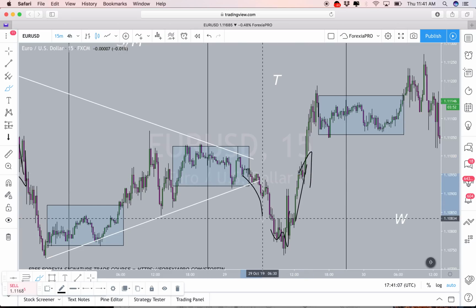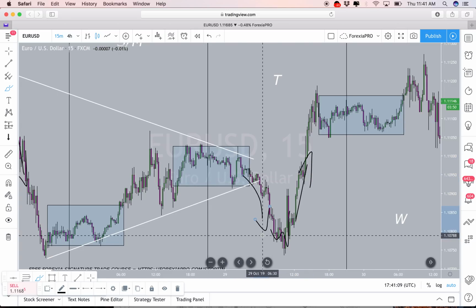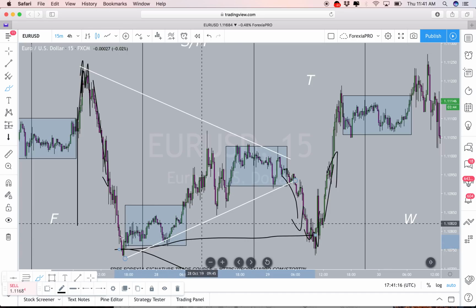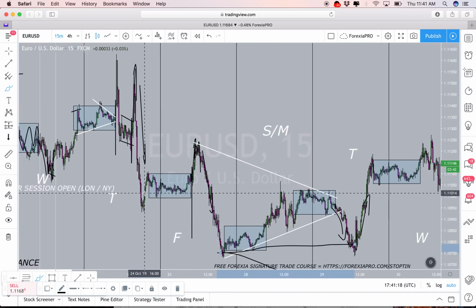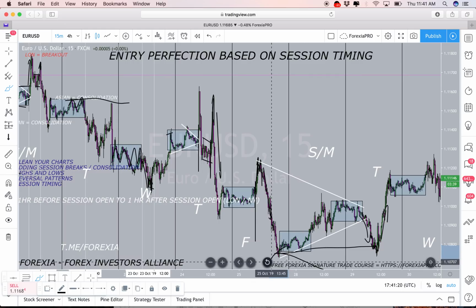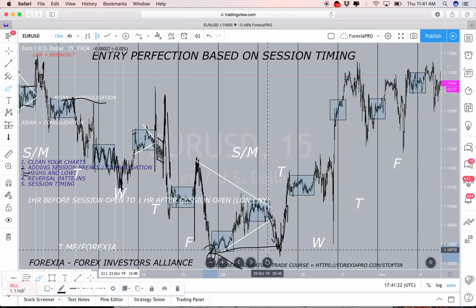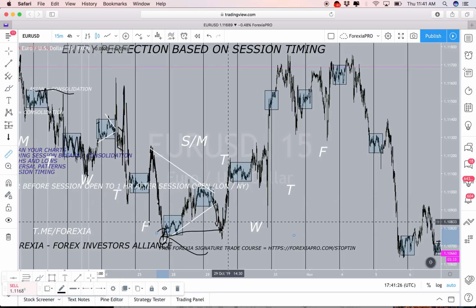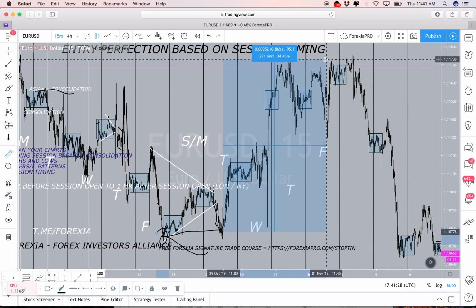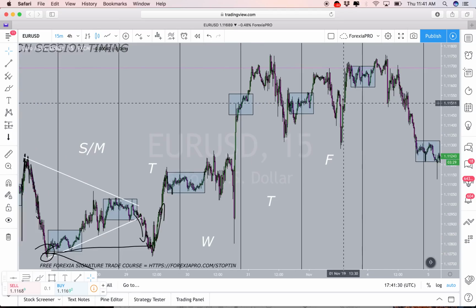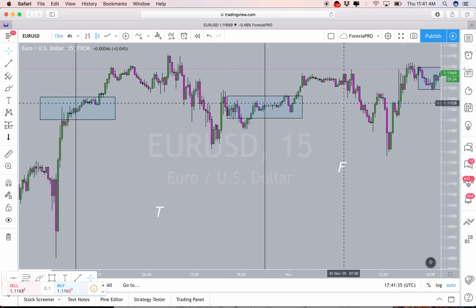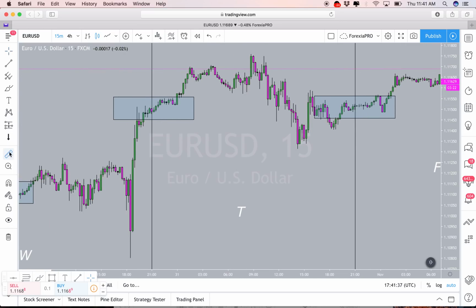Perfect breakout London session off the low of the body of the signature trade, off the low of the previous day and the previous day, low of the previous week as well, and a massive reversal for the rest of the week. 100 plus pips. Yeesh.